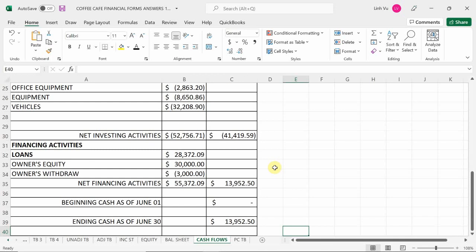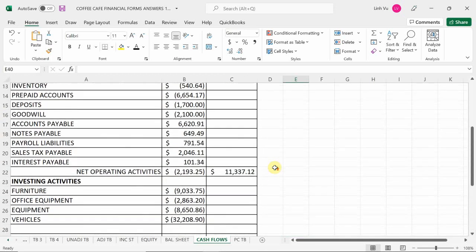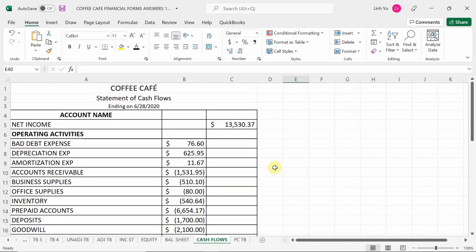So mostly for all the accounts that we need for cash flows comes from the balance sheet, except for equity. So in this case, it is a combination between the income statement and the balance sheet. So we did pick a few things up from the income statement, such as the net income and all of the non-cash transactions.